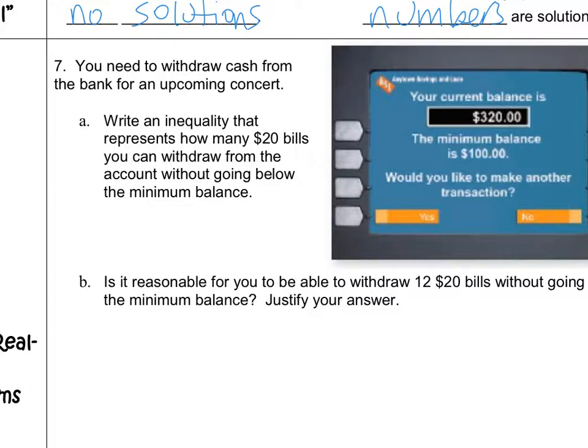Okay, so in this, our question is how many $20 bills can we withdraw? So for the bills, let's just put that as N for the number of bills that we can withdraw. So N is going to represent the number of bills. Now, we can also see on here that our current balance is $320, but our account balance cannot go below $100.